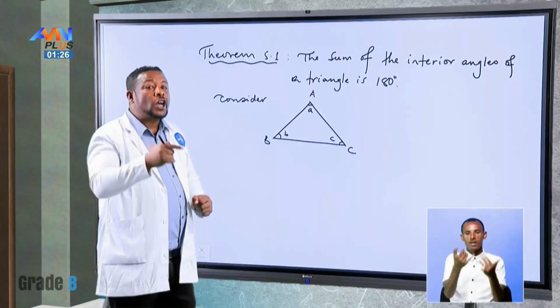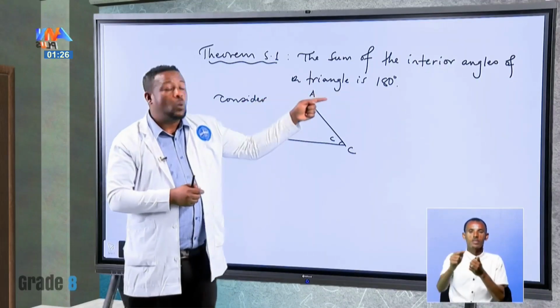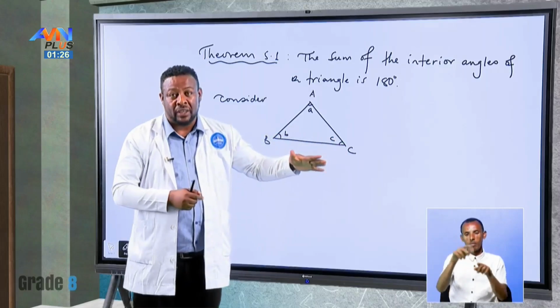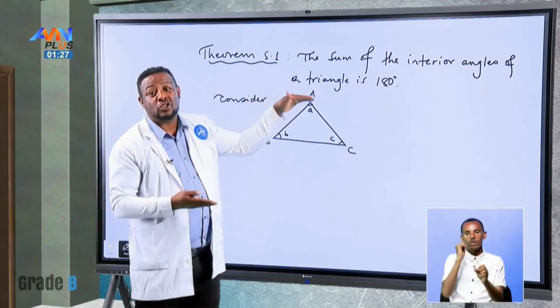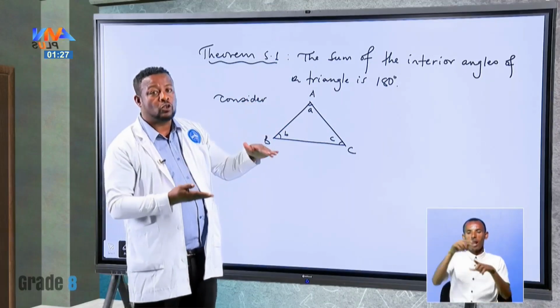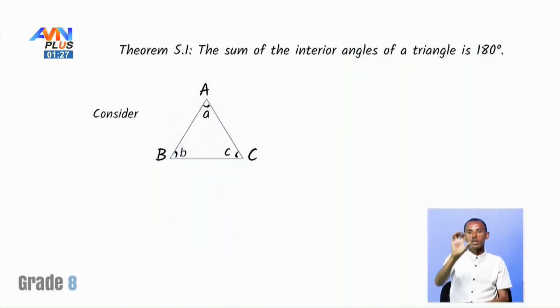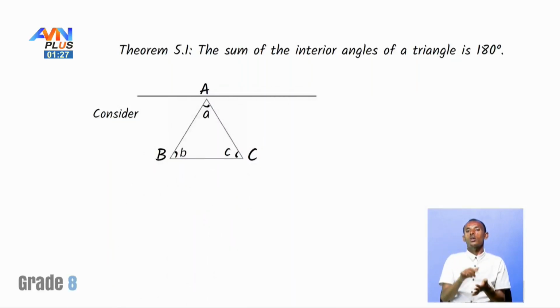Now construct a line passing through the vertex A, which is parallel to BC. We need to construct a line passing through A in such a way that the line is parallel to BC. So you can roughly assume this is a line L1, which is parallel to BC.